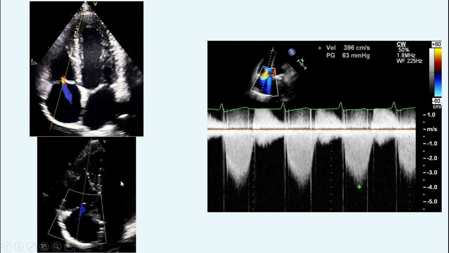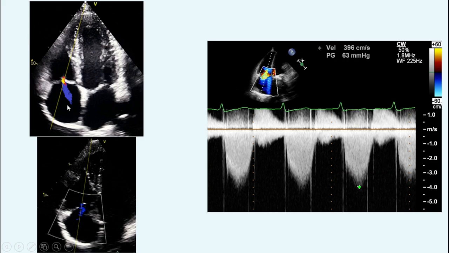For measuring tricuspid regurgitation velocity, we have to get a 4-chamber view and put the continuous wave on the jet. If our cursor is not parallel to the direction of the jet, we have to go off axis and try to make it almost parallel.